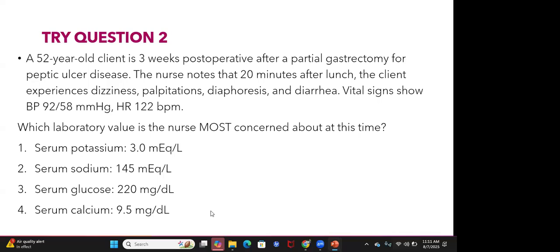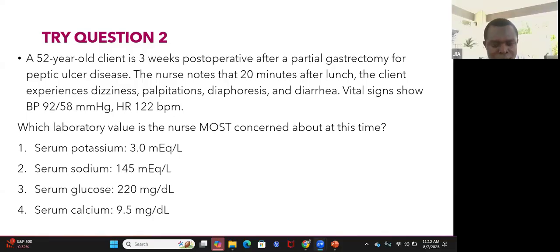A 52-year-old client is 3 weeks postoperative after a partial gastrectomy for peptic ulcer disease. The nurse notes that 20 minutes after lunch, the client experiences dizziness, palpitations, diaphoresis, and diarrhea. Vital signs show BP 92/58, heart rate 122. Which laboratory value is the nurse most concerned about at this time?